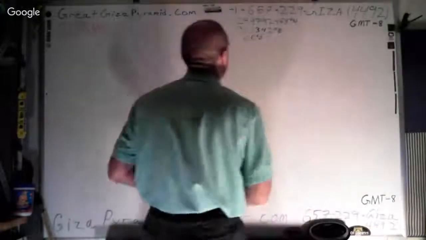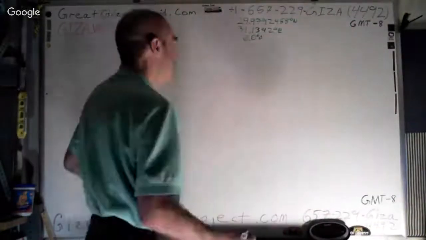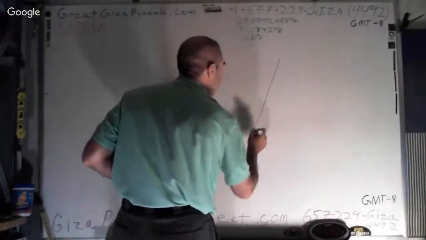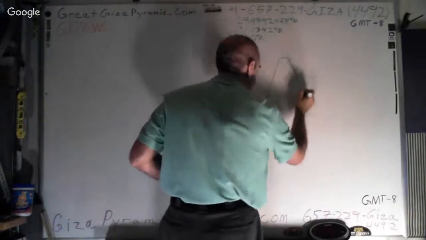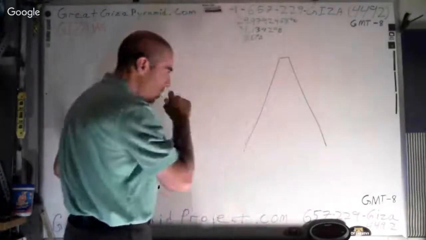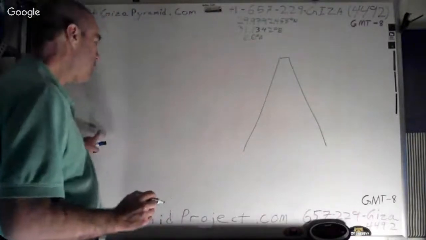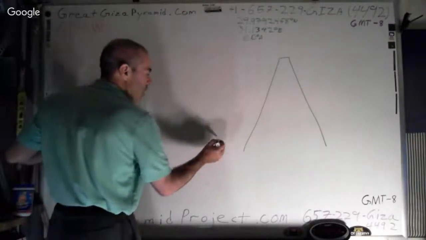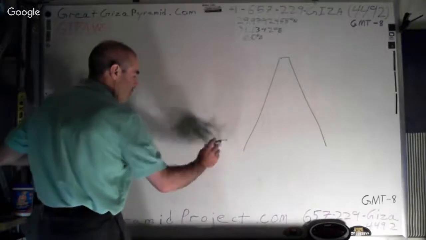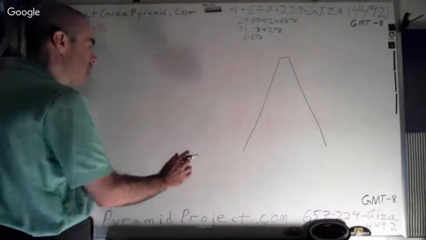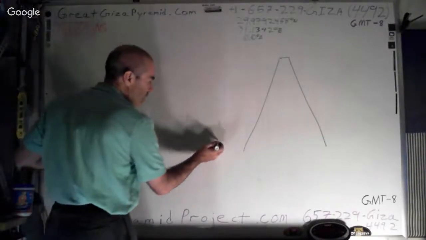First off, let's look at the main structure, the Giza Pyramid. It stands on the plateau, like so. I'm going to quickly go over the other two pyramids. The next one up, they're not right next to each other, but because of space, I'm going to draw them physically right next to each other.